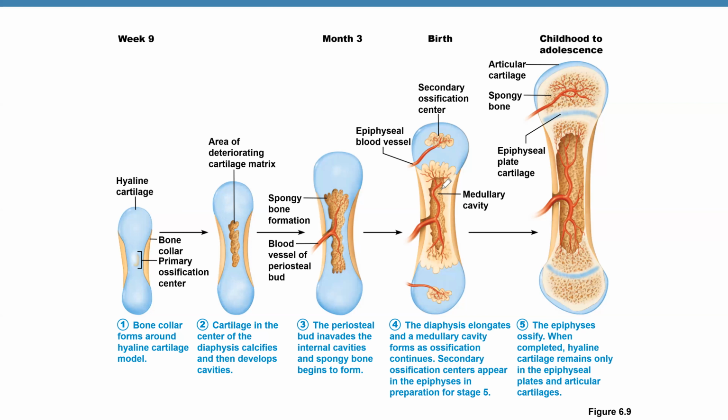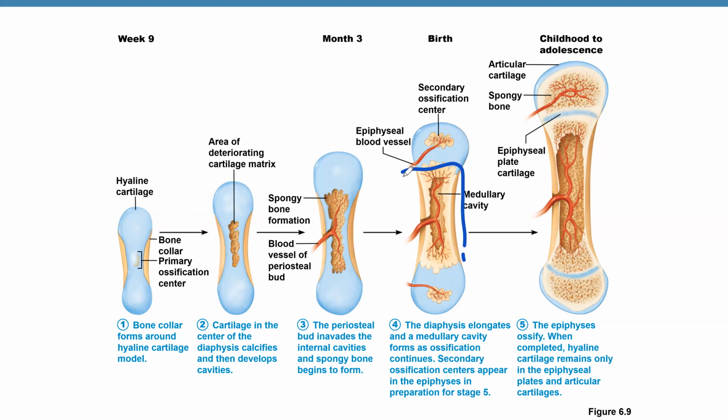And as ossification continues, the cavity will receive blood vessels, and at the beginning, when we're young, when we're just born, there will be red bone marrow in this cavity to begin with. Then it will be replaced by yellow bone marrow.